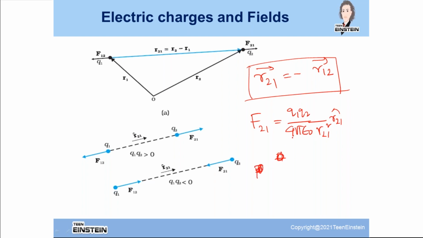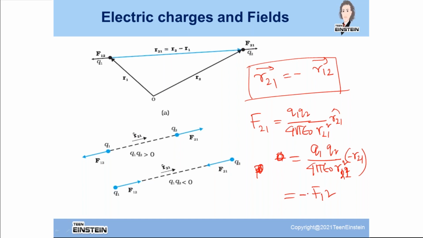If I take a minus, Q1 Q2 by 4 pi epsilon naught R12 square, then I can write minus R21 here, right? R12 square is the same as R21 square, so I can write R21 also here.